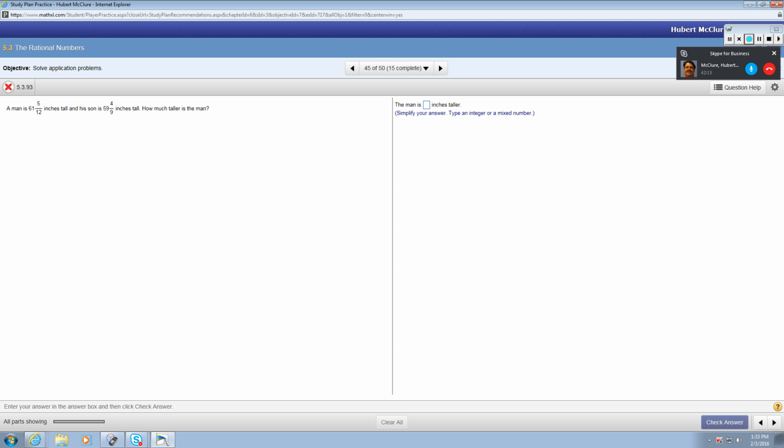All right, we don't know what the common denominator is, so we got to figure it out. 9 and 12. 3, 3 and 4. 3, 1 and 4. 2, 1 and 2. 2, 1 and 1. 4 times 9 is what? 36.